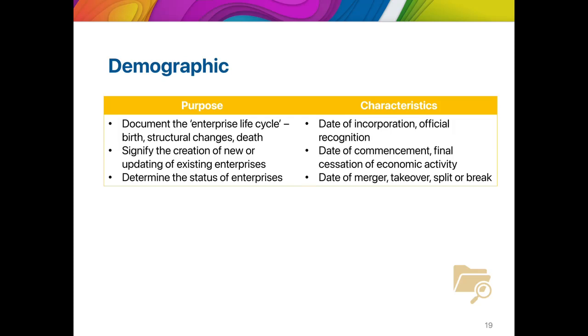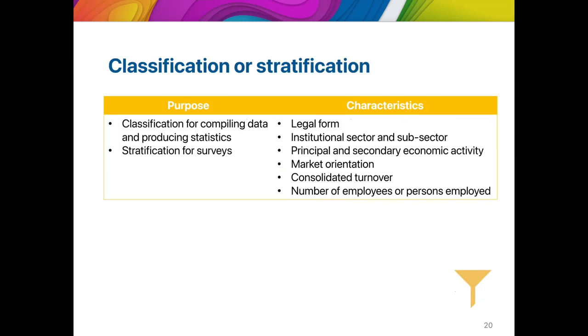For demographic characteristics, these are used to properly document an enterprise's life cycle, its birth, structural changes, its current status, and death. These characteristics can be the dates of incorporation, commencement, cessation, and other key dates for that unit. For classification characteristics, they are used for compiling data and producing statistics, and also for the stratification of surveys.